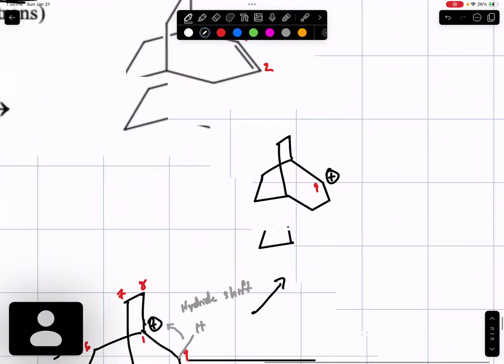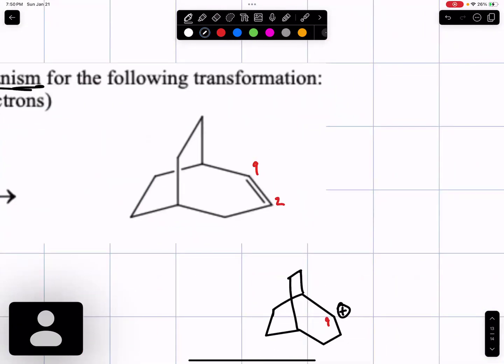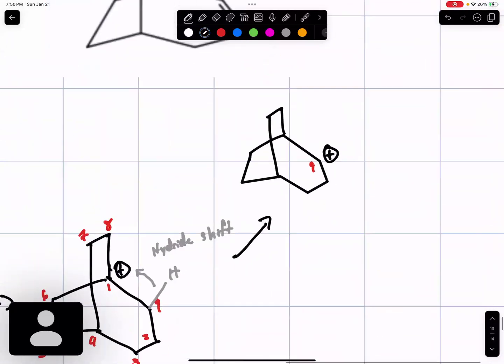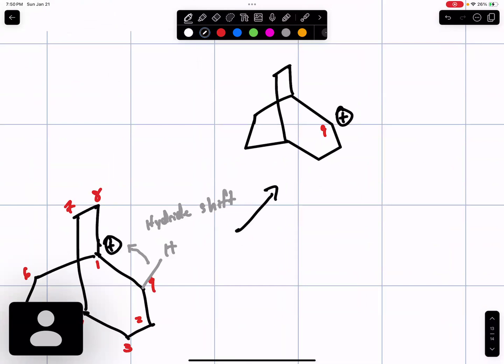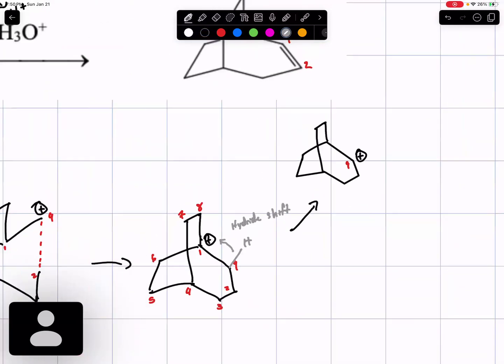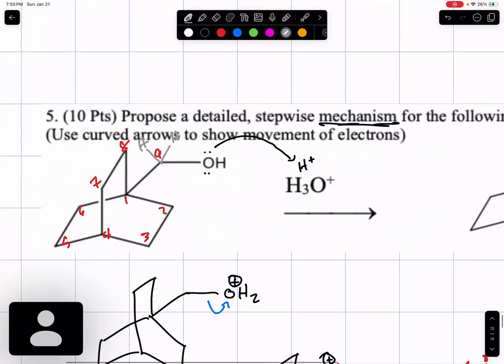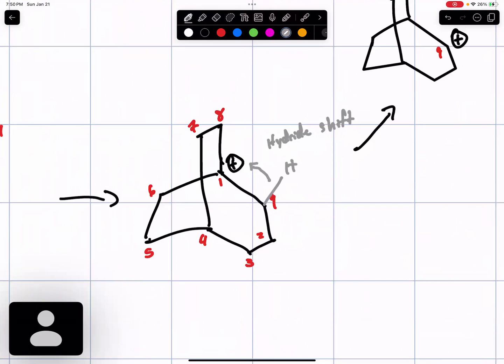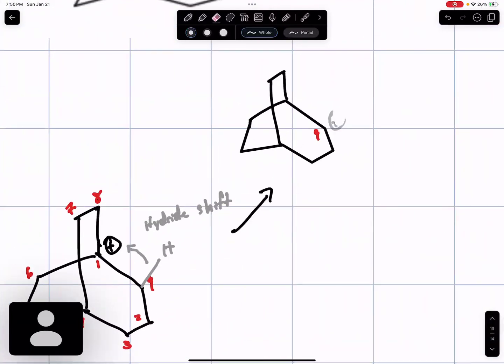Since we're forming that alkene between 9 and 2, we have to deprotonate where? Which hydrogen? Nine had 2 hydrogens, but we used one of those hydrogens to do a hydride shift. Now it only has 1 hydrogen.